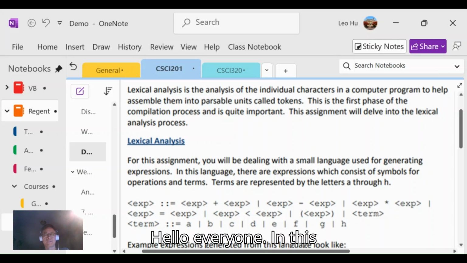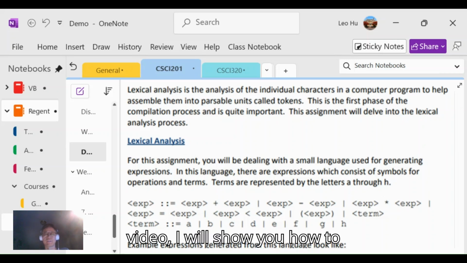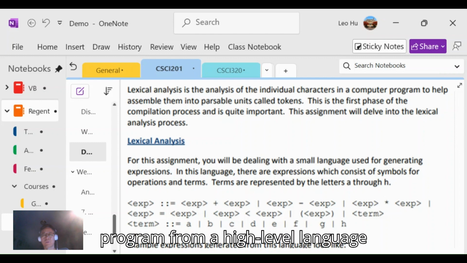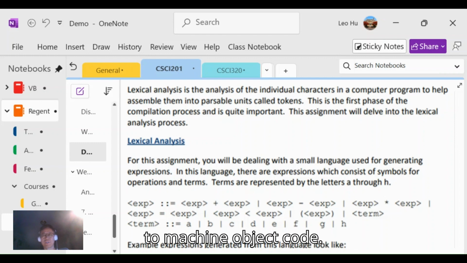Hello everyone. In this video, I will show you how to analyze tokens in an expression of a language. We know that a compiler consists of four phases to translate a program from high-level language to machine object code.